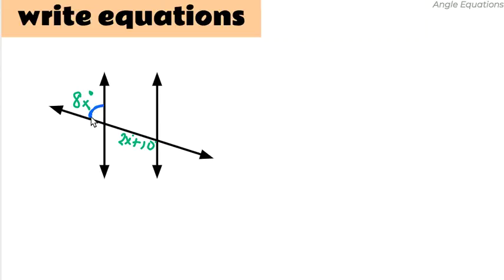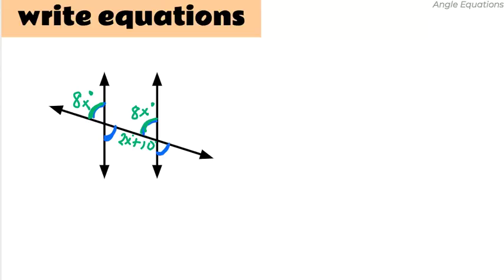There's a relationship between this angle and this angle. This angle right here is corresponding to this angle. So where my blue angle marks are, those are all congruent. So I don't have a direct connection between 8x and 2x plus 10. But I do know that if this angle is 8x, shouldn't this angle also be 8x degrees, right?